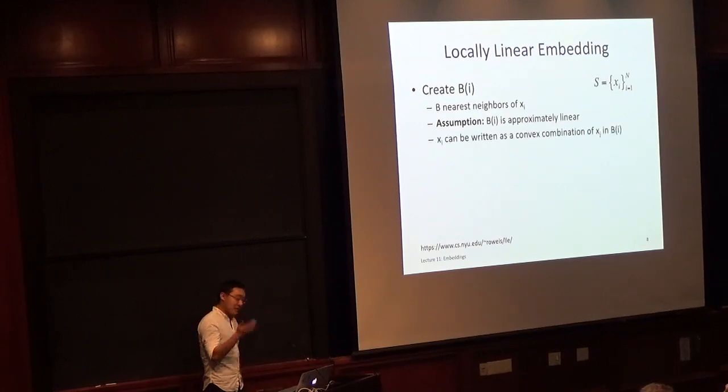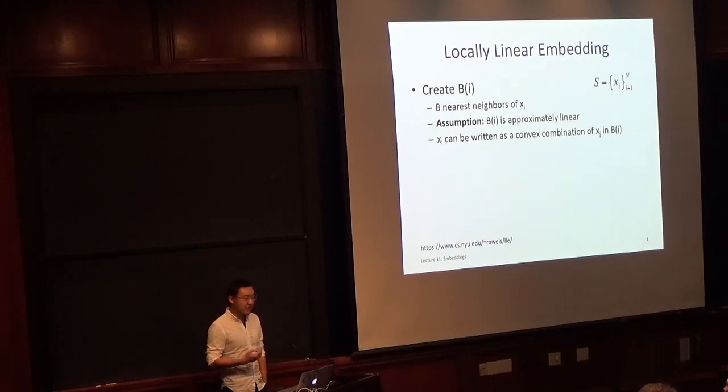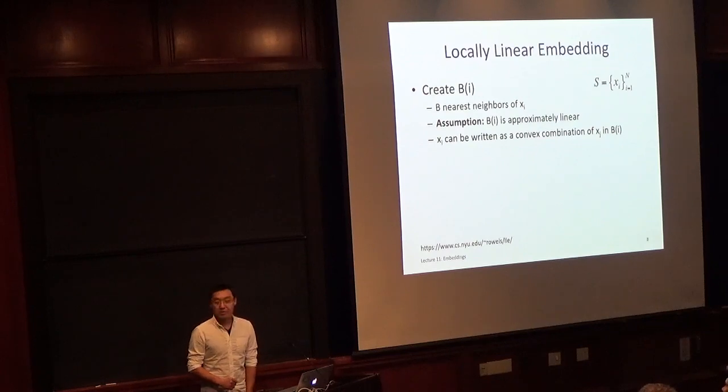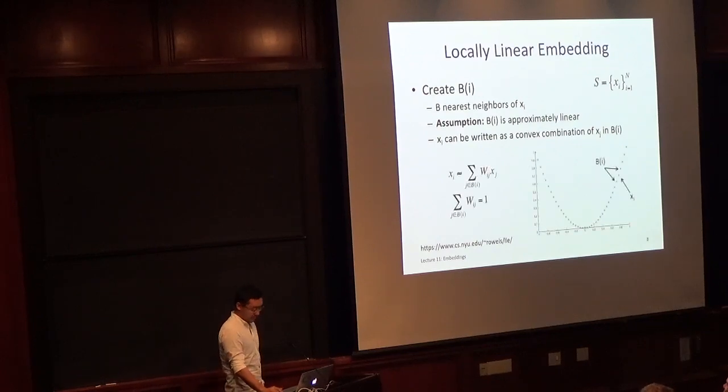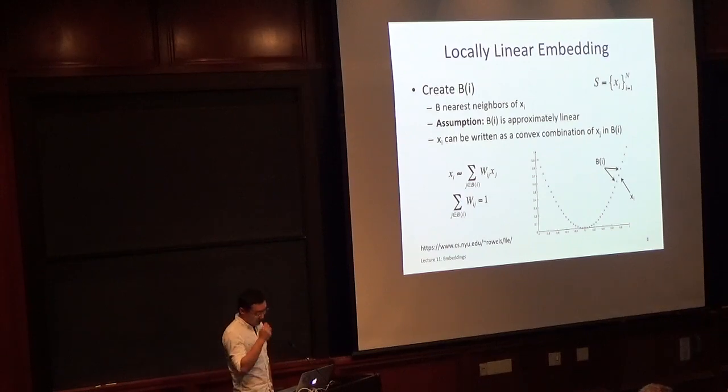If all the data points close to xi are locally linear, then that implies that xi can be written as a convex combination of its neighbors, or a linear combination of its neighbors. Convex is the special case where the coefficients are all non-negative and they sum to 1. But more generally, perhaps just linear.